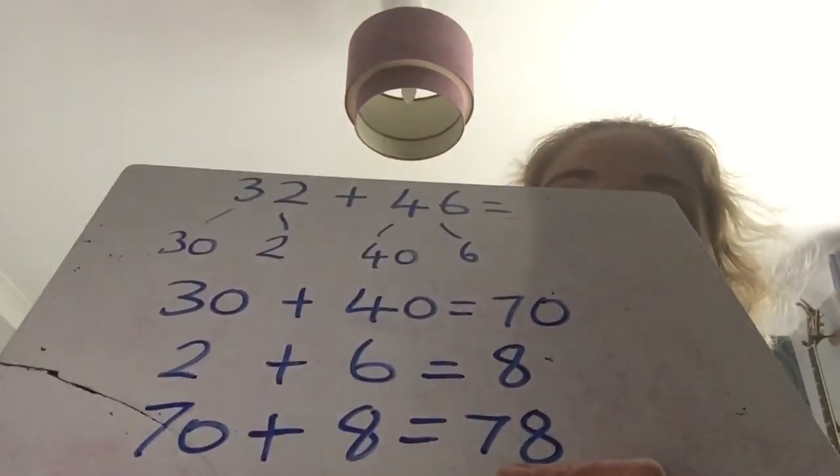Okay, now on the PowerPoint there are some calculations. The people who decided to carry on and watch the second part of the video, you can now choose which way you would rather show your workings for these calculations. So you can either decide to do it using the number line method, or you can decide to do it using the partitioning method.